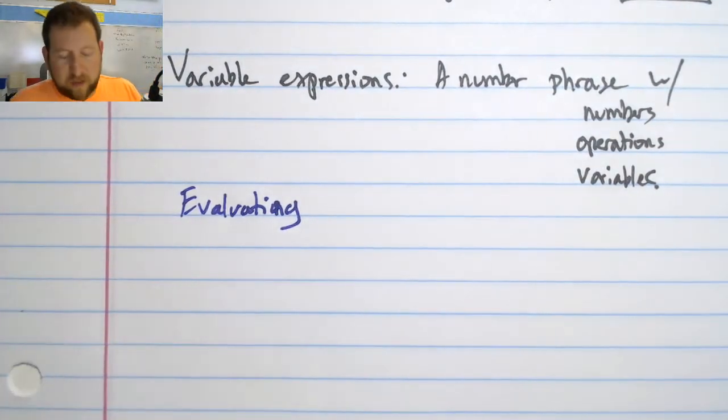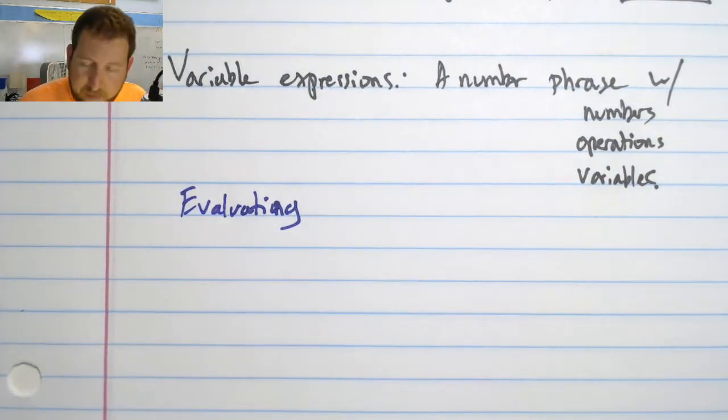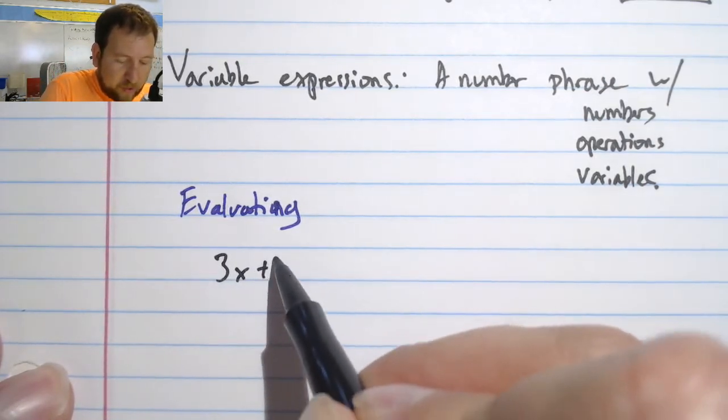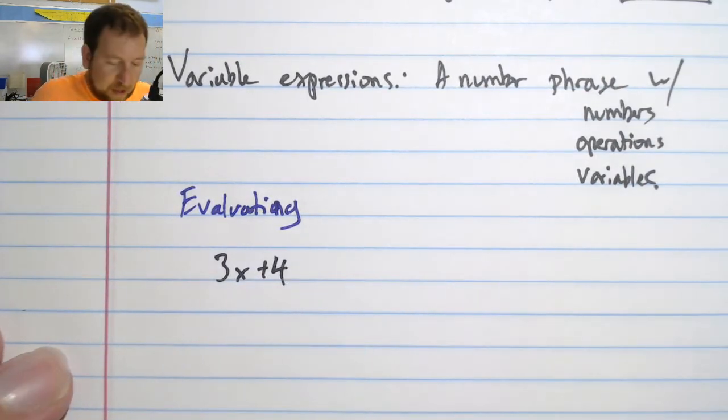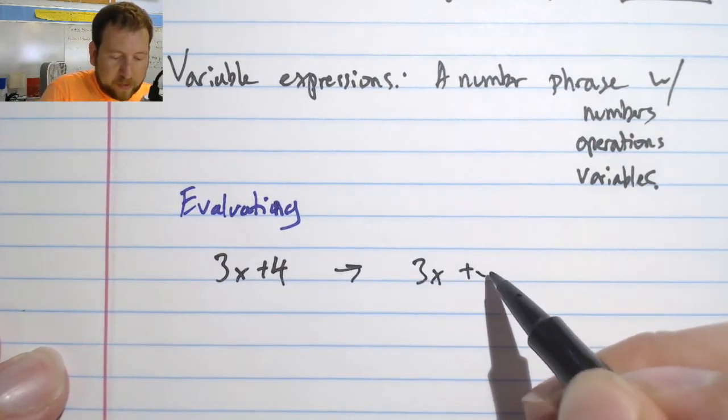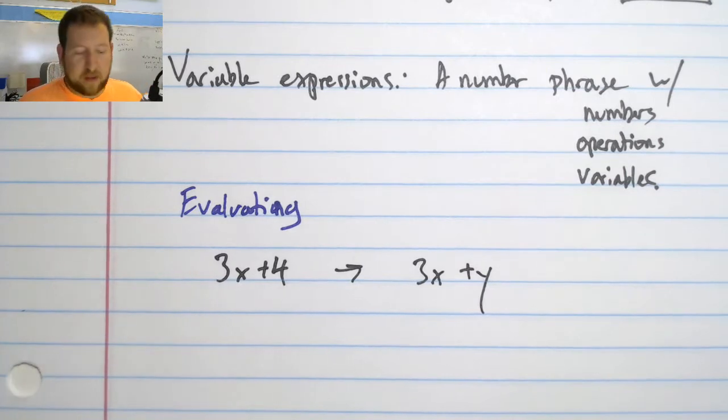It's mostly similar to last time, except that we're going to see things that aren't just like 3x plus 4, but instead it might say 3x plus y, because there's no limit to the amount of variables that we can put in an expression like this. All that it means is it makes it a little bit more complicated for us. So what we'll do is evaluate by putting those values in, and then we can simplify and find out what the numbers are supposed to be.